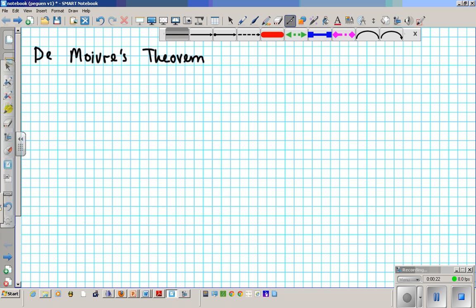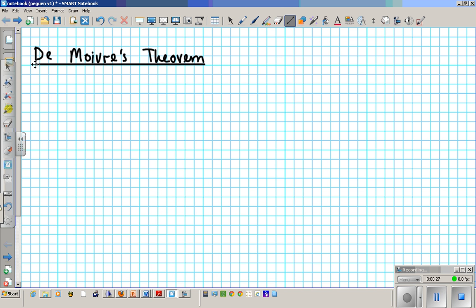Okay. So for this one, it says that if you're raising a complex number in polar form, let's say it's provided to you in rectangular form, it has to first be transferred into polar form, which is you're raising the complex number.